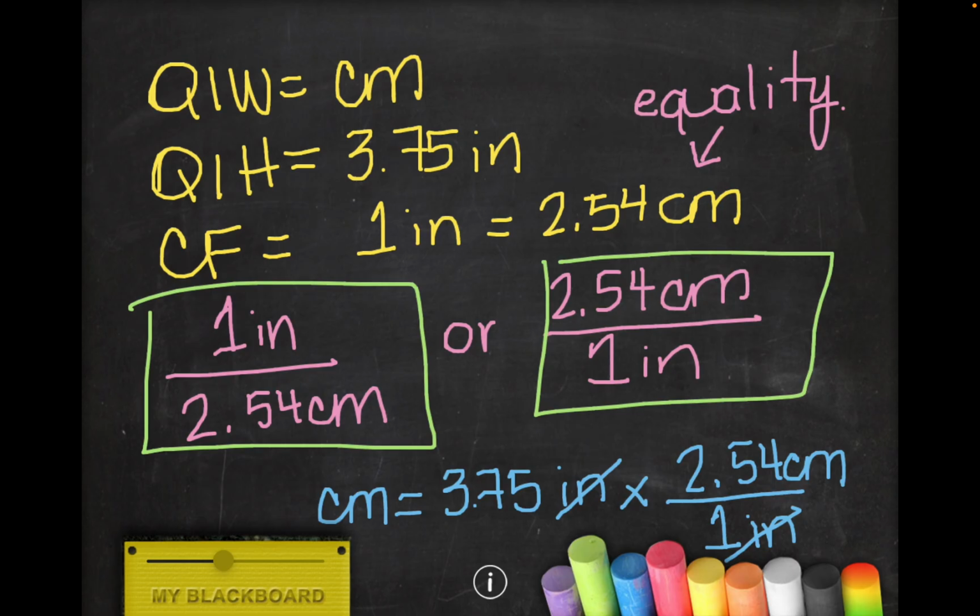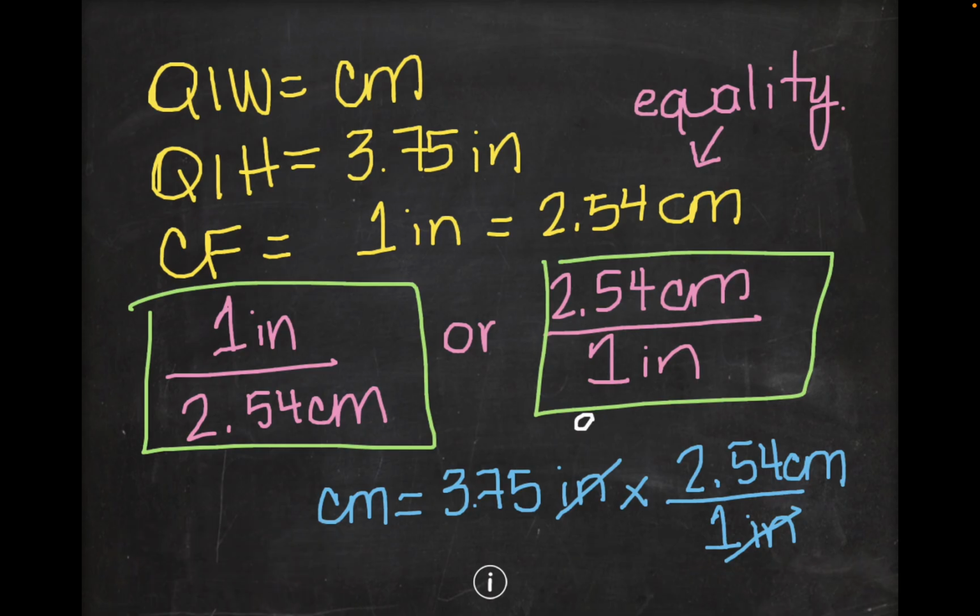3.75 times 2.54. Let me see, wait. How much is that? 3.75 times 2.54. That gives me an answer of 9.525.